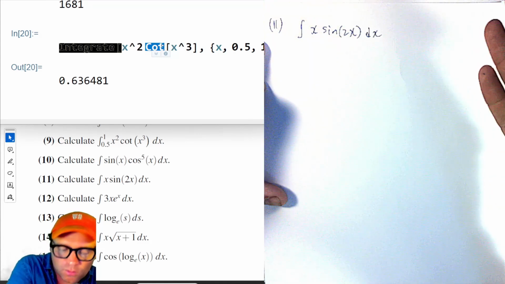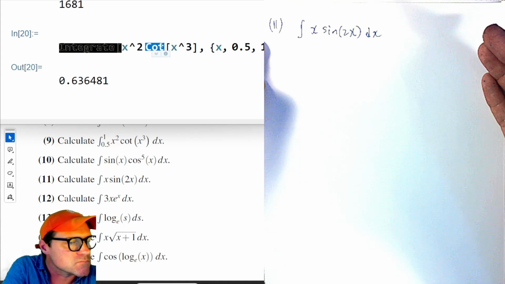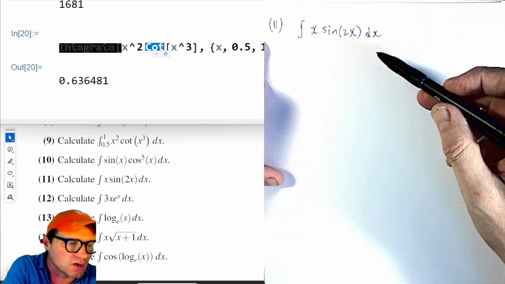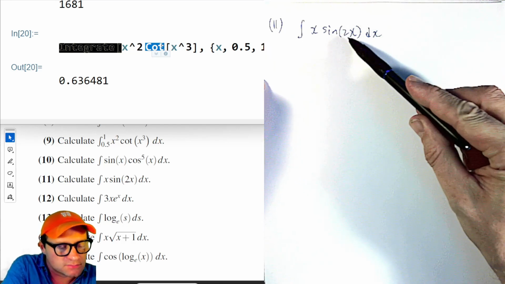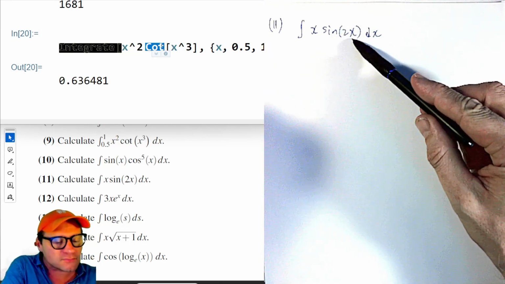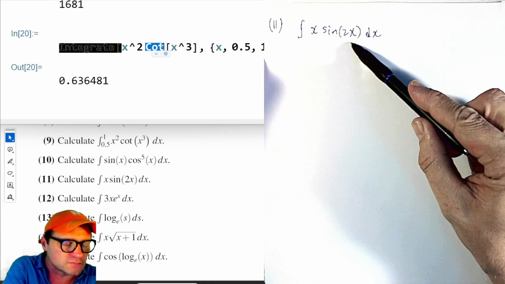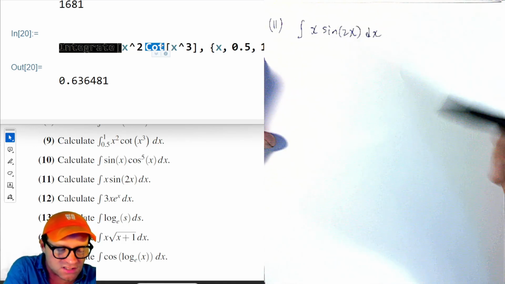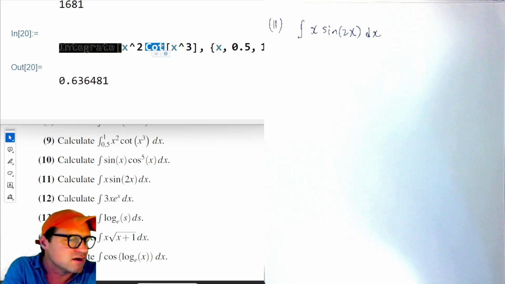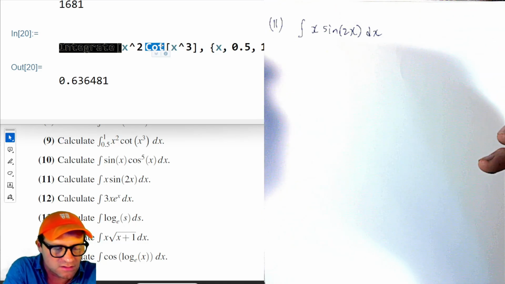All right, so here we want to let, you know what, this is no longer an integral by substitution, and I can see that here because the derivative of 2x is not related to x. We're just going to get a constant here. So for these, we want to instead set out integration by parts.